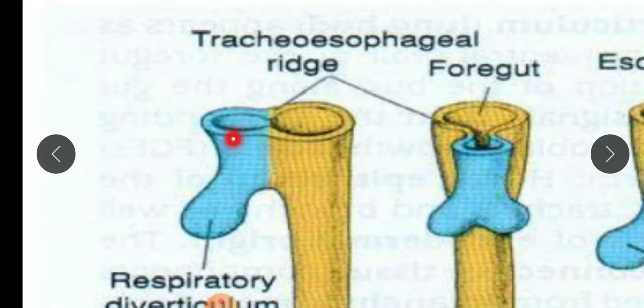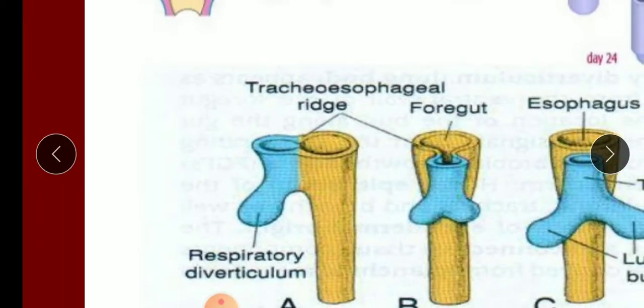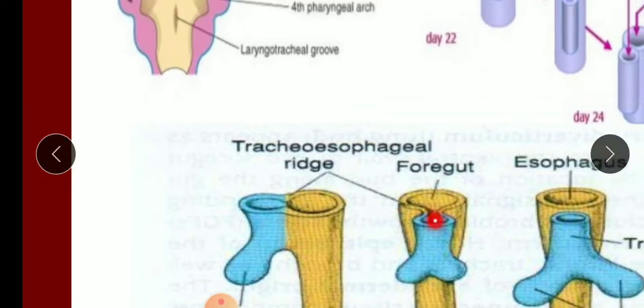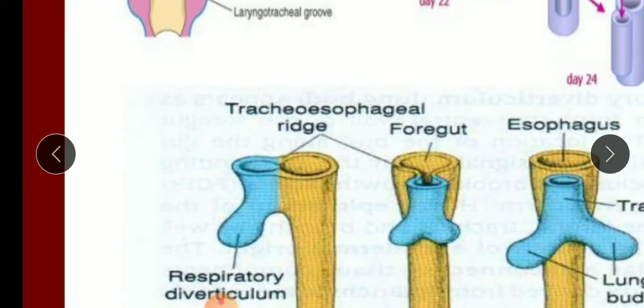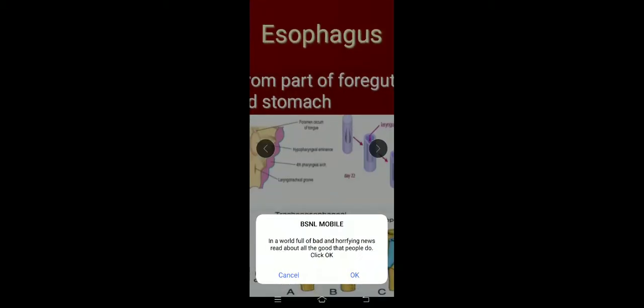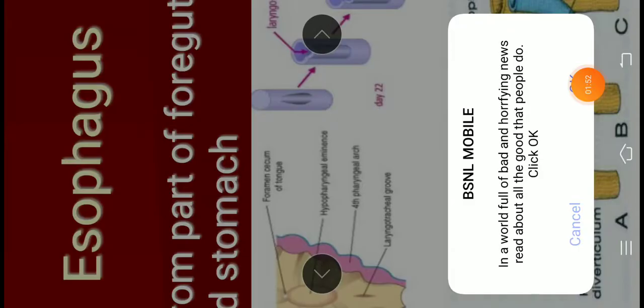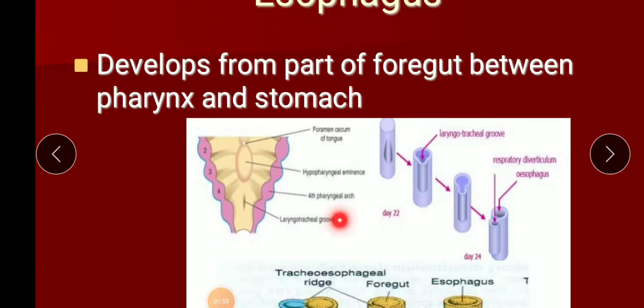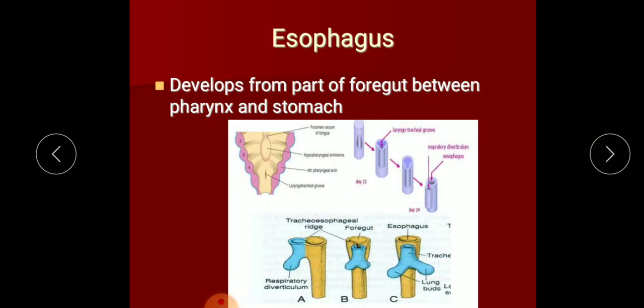Later it bulges to form the diverticulum termed as the respiratory diverticulum, which elongates and then divides into two. The epithelial lining of the larynx, trachea, bronchi, everything is developing from that. So that is the development of esophagus.